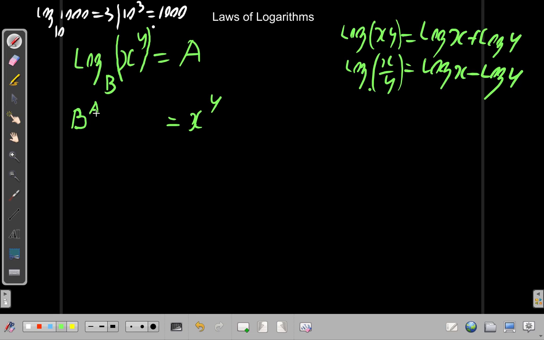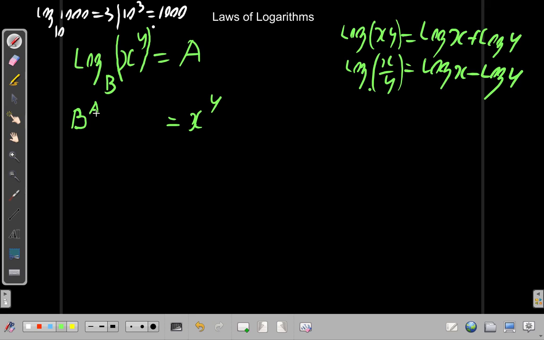Now, suppose you want to have x by itself. You're saying, what is x equal to? Well, in this case, what you do is raise both sides to the power of 1 over y.